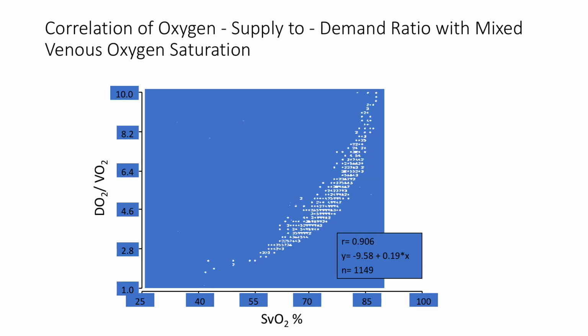But that said, if you do then plot out mixed venous sats against the supply to demand ratio of oxygen, you do get something which you can convince yourself looks more of a correlation than those mad scatter graphs of before.